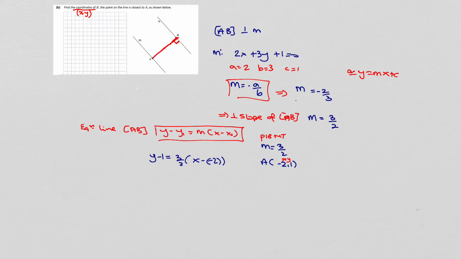We multiply across by 2, so 2y minus 2 is equal to 3 times x plus 2. So 2y minus 2 equals 3x plus 6. Bringing everything to one side, we have 3x minus 2y plus 8 equals 0.